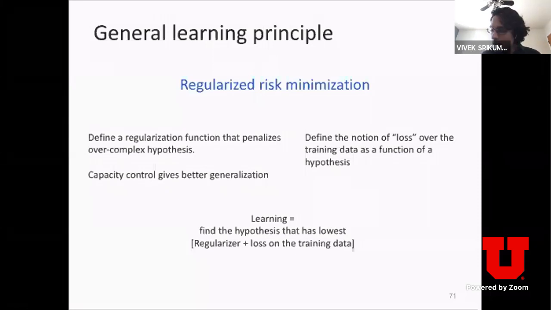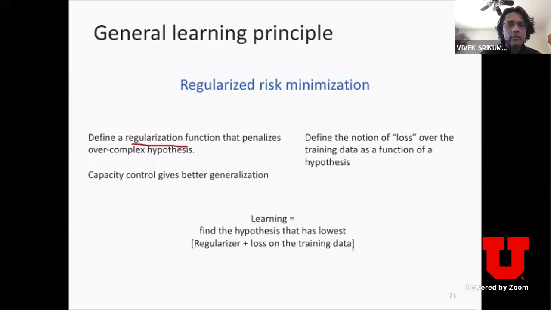There's this notion of regularization. A regularizer is a term that penalizes complexity. It penalizes overly complex hypotheses. This is a design choice. We define different kinds of regularizers, and we penalize complexity in different ways. And this is essentially capacity control.